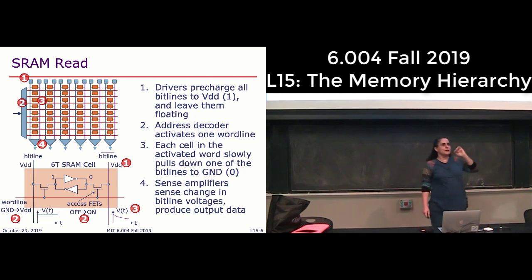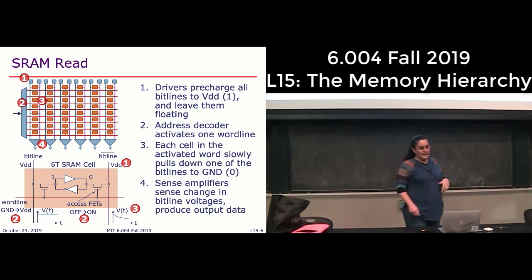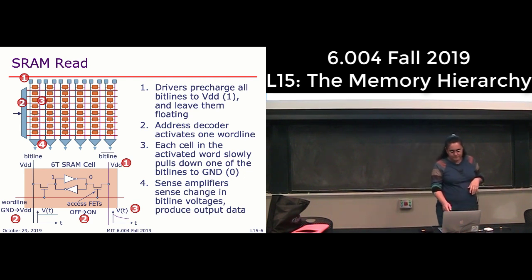So as soon as I start to decrease from VDD, the sense amplifiers are going to realize it, and it's going to say, okay, that bit line should be a value of 0. Okay? And so it will very quickly specify that the output of bit line bar is 0, whereas the output of bit line is 1, and thus we've read the value 1.